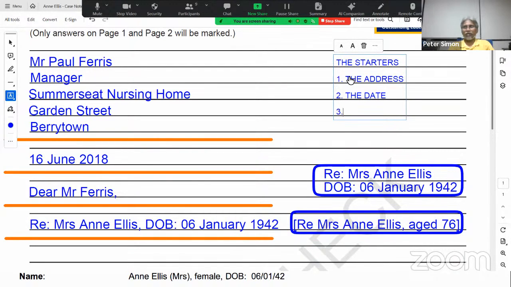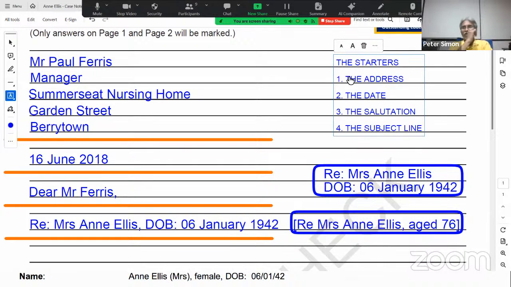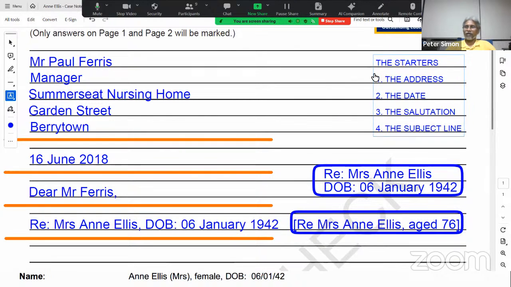Number three, the salutation. Number four, the subject line. So these are the four things which are very, very important. These are called starters before the letter starts. So you have to conclude with these things, finish these things.